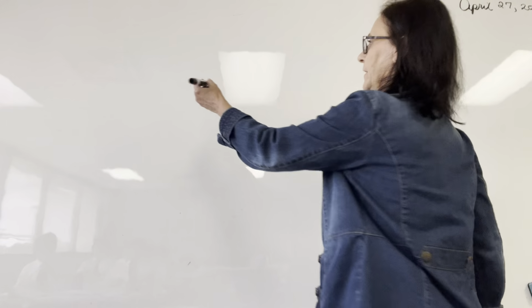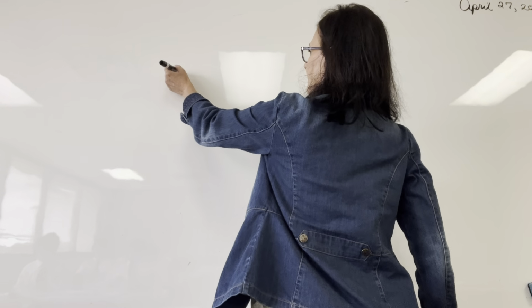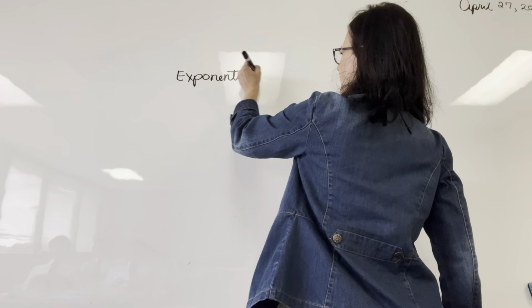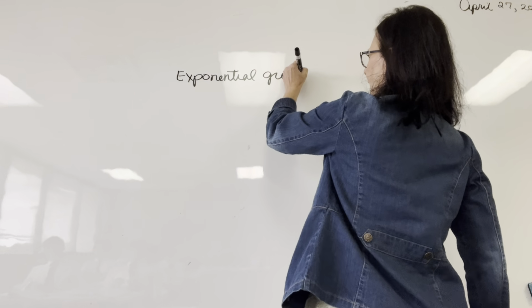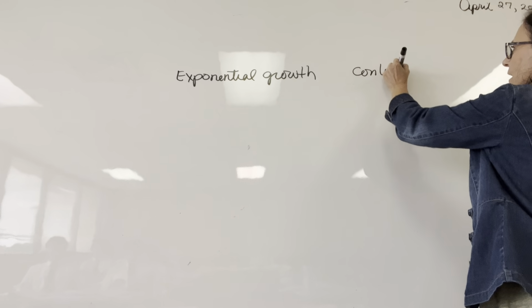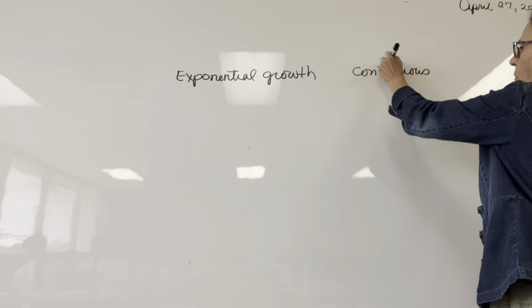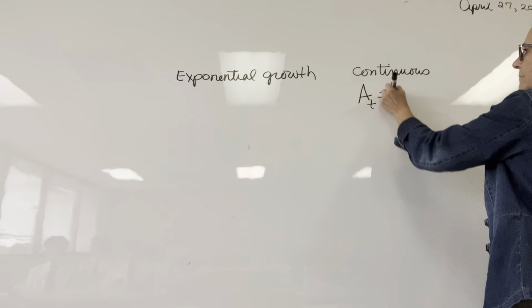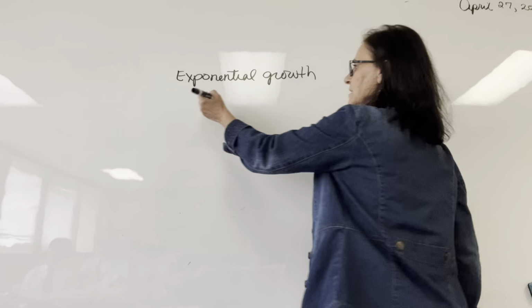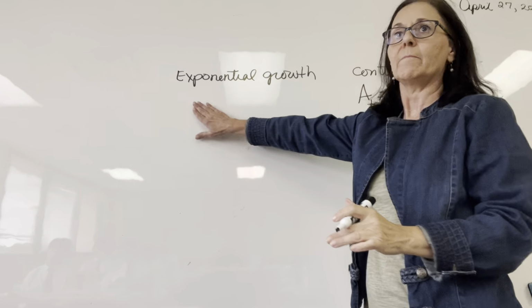And the formula, when we have exponential growth, is almost like continuous. Continuous was the amount over time is PE to the RT. Exponential growth is not with money.